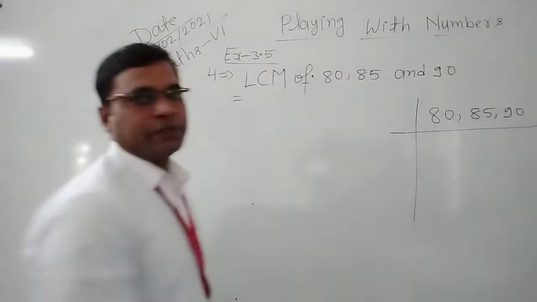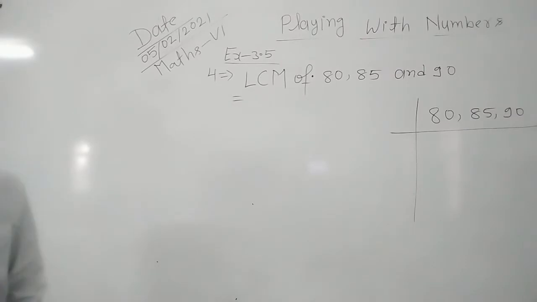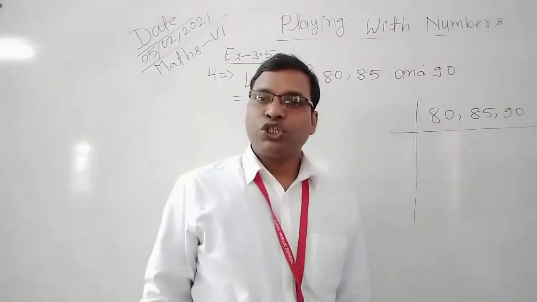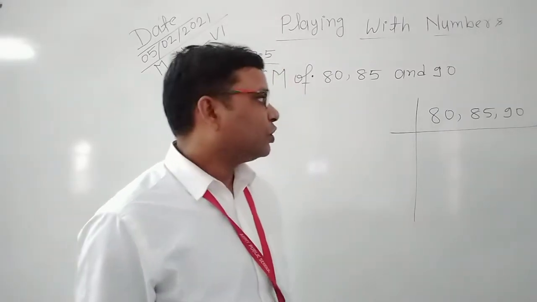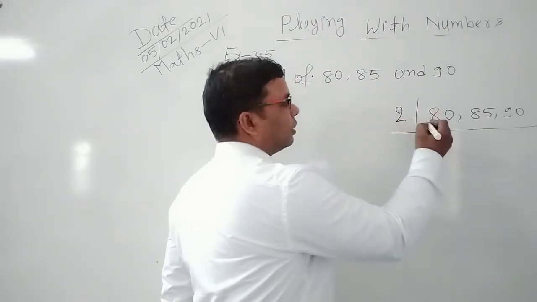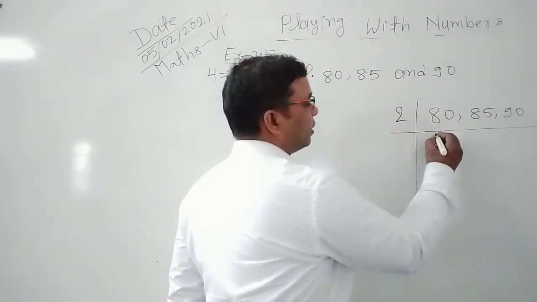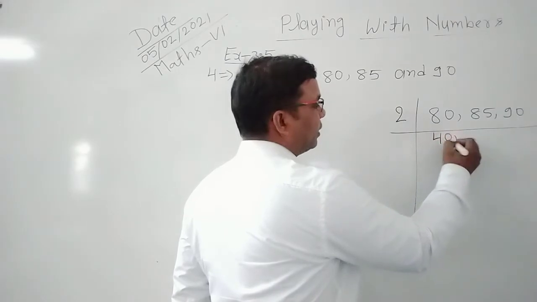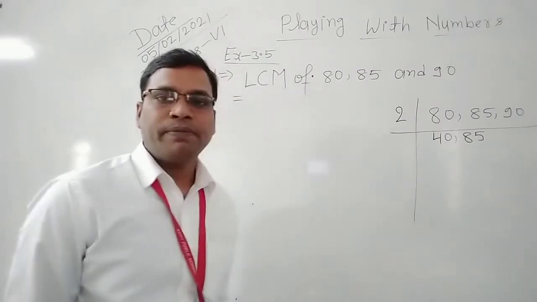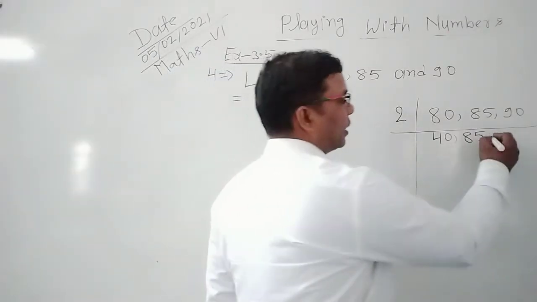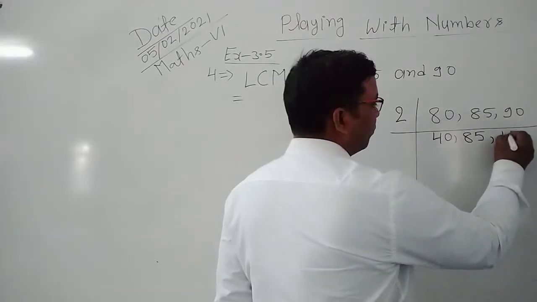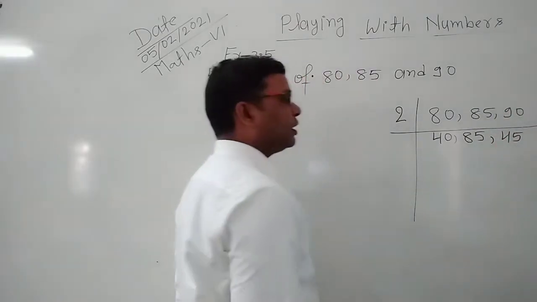After this we select the smallest prime number that divides at least two of the given numbers. So here we select 2. If we divide 80 by 2, we get 40, and 85 does not divide by 2, so we write 85 as it is, and 90 divided by 2 gives 45. This is clear?